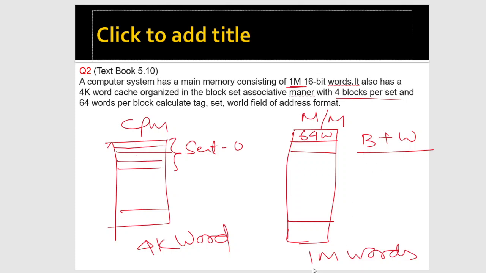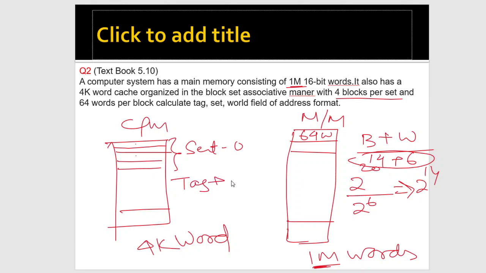How many blocks? 1 million means 2 to the 20 words, and the size of the block is 64, 2 to the 6. So 2 to the 14 number of blocks. So this is 14 and this is 6. This is 20. That means my memory has 20 address lines. Then the cache is divided into what? Tag plus set plus word.